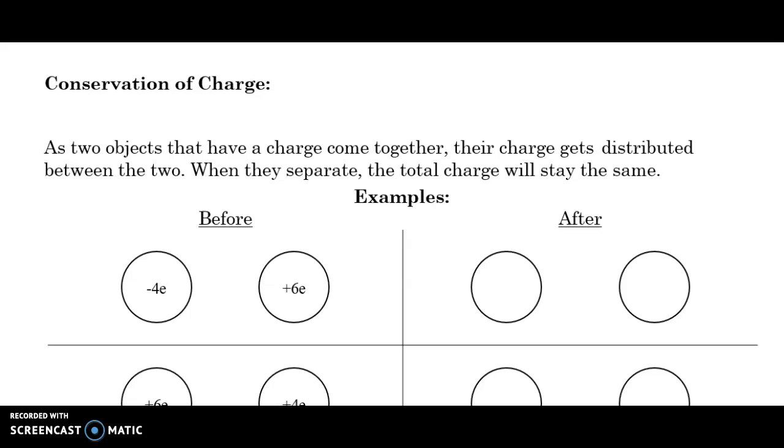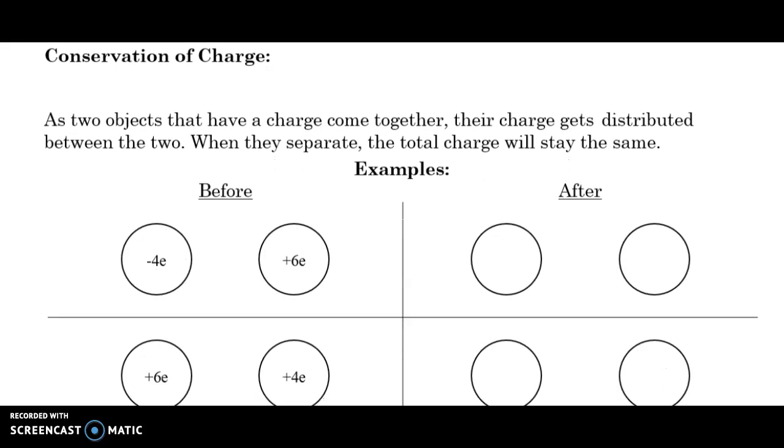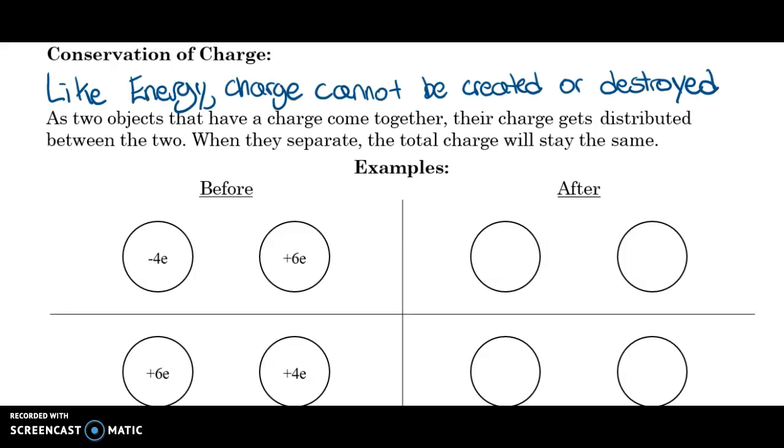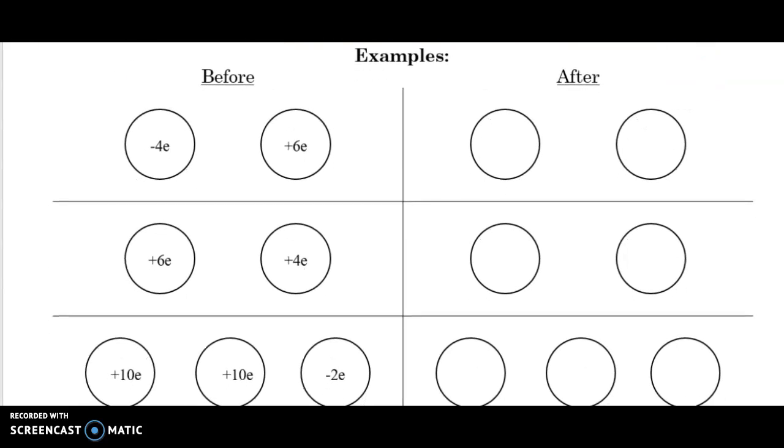All right, and we're also going to go over this conservation of charge. And the conservation of charge is kind of like the conservation of energy. It just says that charge cannot be created or destroyed. So that means that as two objects that have a charge come together, their charges can get distributed between them. And then when they separate, their total charge has to stay the same. So we can work through these examples, right?